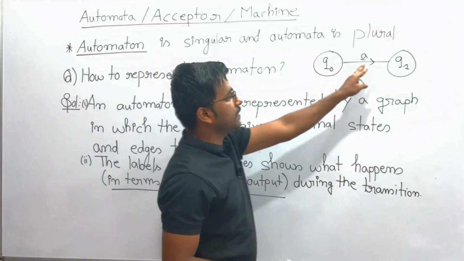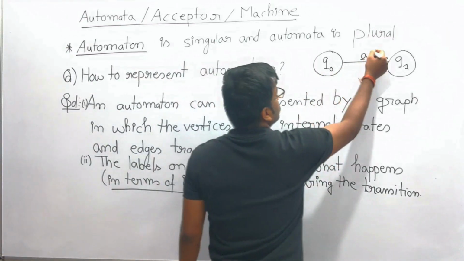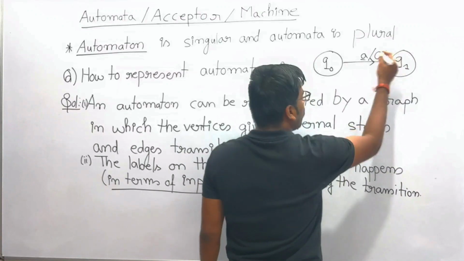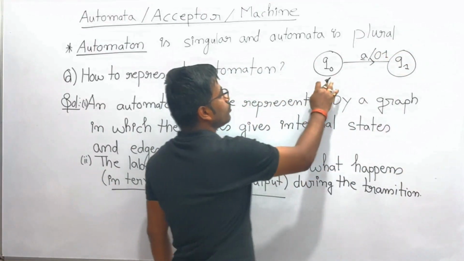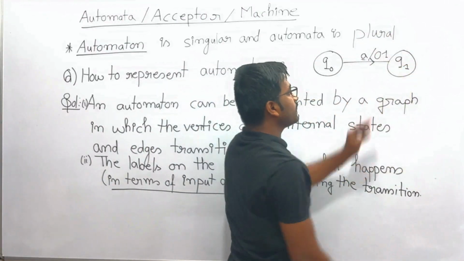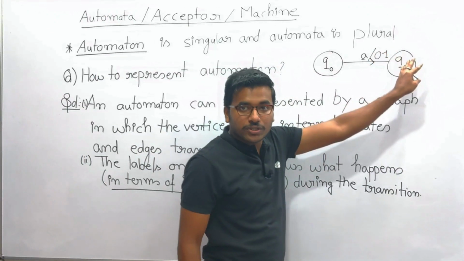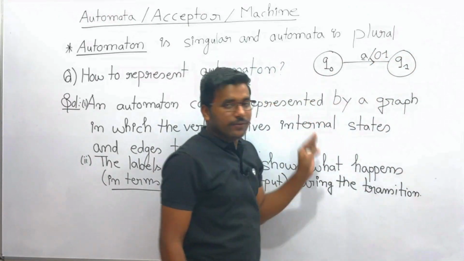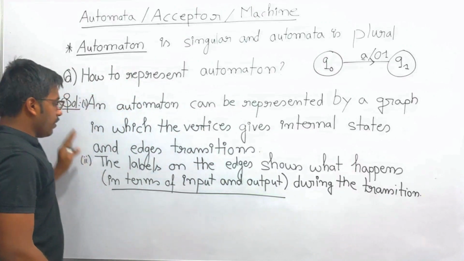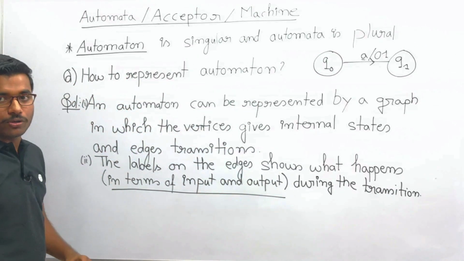So Q0, on getting an input, goes to Q1 and gives the output 0, 1. This is the way we can represent the automaton.